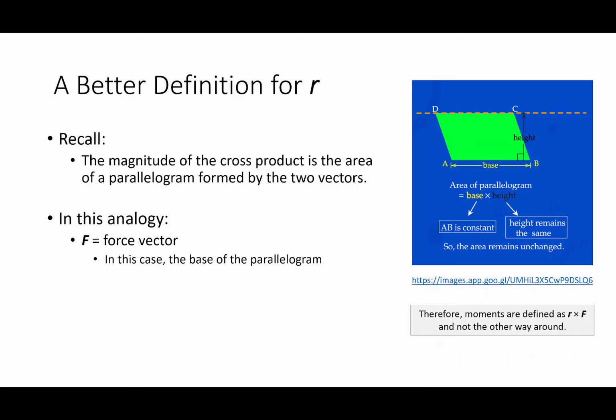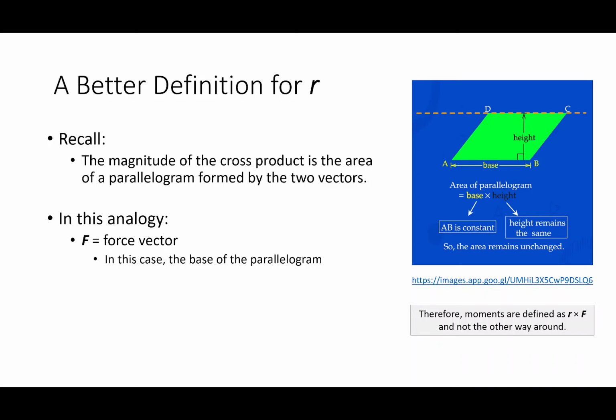F is going to be the force vector, and in the case of this, F is along this line of action. F is going to retain a consistent magnitude. The magnitude is going to be whatever the base of this parallelogram is.